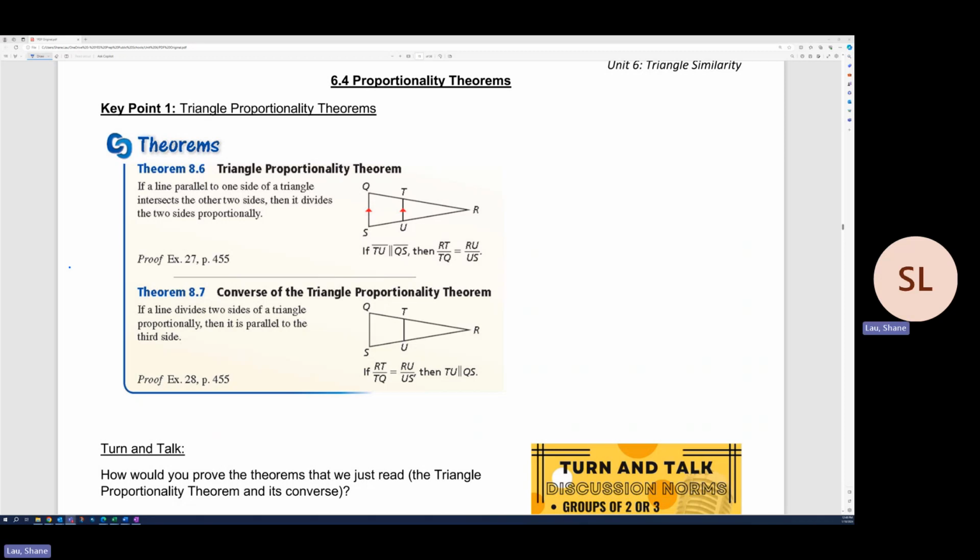What you should see on the board now is 6.4 proportionality theorems. It's pulled up on the reading theme board so that I can work on it with you guys. The first thing we are going to establish is that while Mr. Cruz and I aren't exactly working on the same thing at the same time, we're still working pretty similarly.